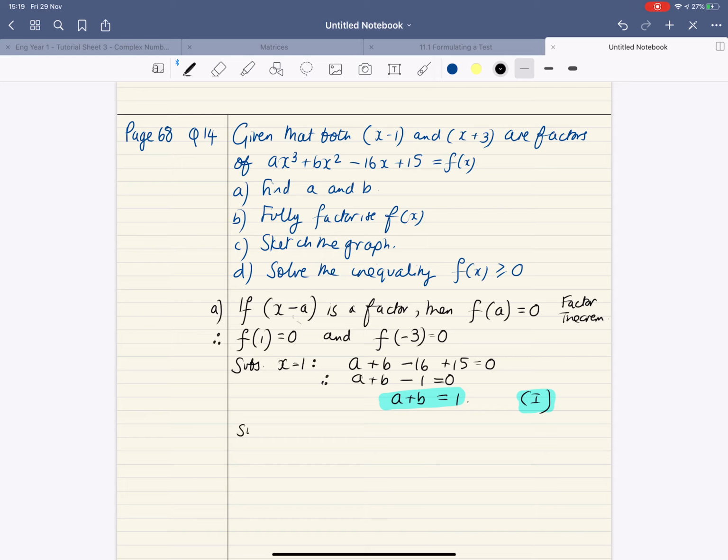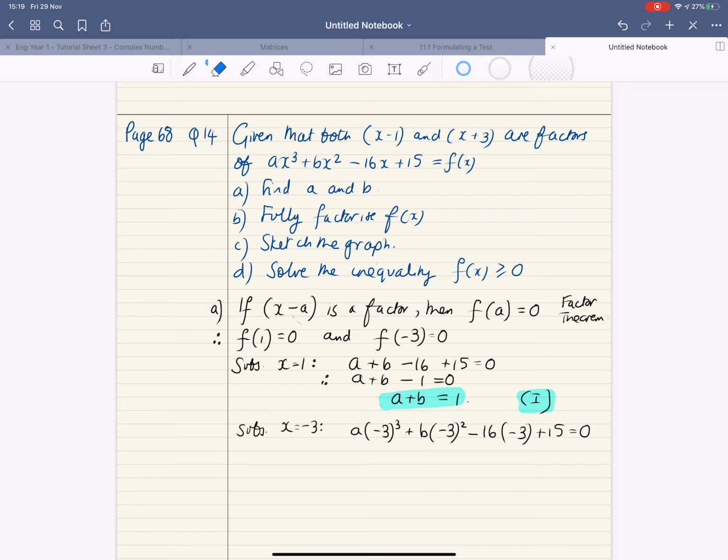And then we've got to substitute x is minus 3 in here. So it's a times minus 3 cubed. When we've got a and it's minus 3 cubed, make sure you put the minuses inside a bracket if you do this on your calculator, because otherwise your calculator won't interpret what you want it to interpret. b times minus 3 squared, minus 16 times minus 3 plus 15 is 0.